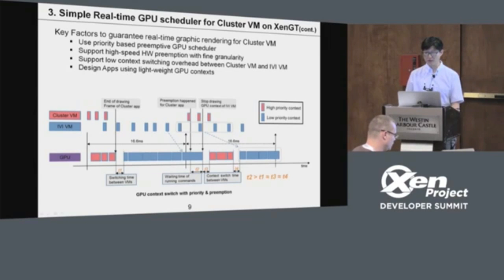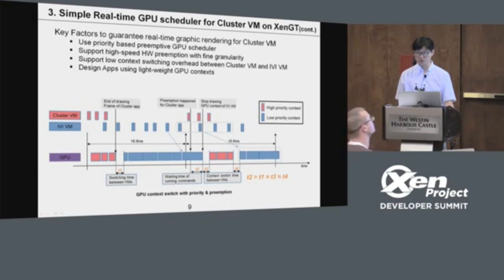Let's look at the figure. The cluster app starts to send a GPU context to the VGT driver every 16.6 milliseconds. If there is a running low priority GPU context in the GPU, then the high priority GPU context should wait until it is finished.